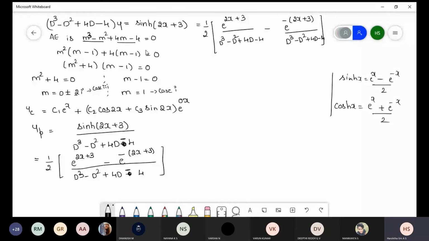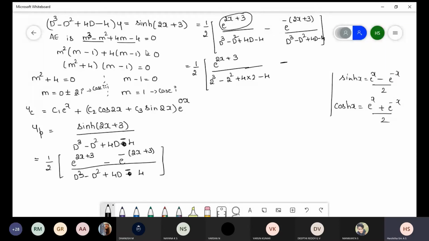So in the first term, what is our a value? Here we have a value equal to 2. So I write first 2 cube minus 2 square plus 4 into 2 minus 4.